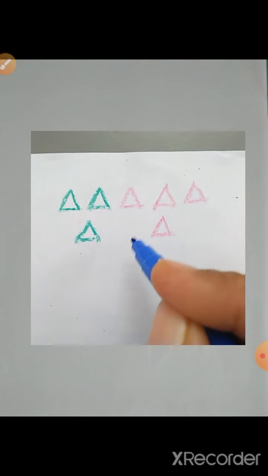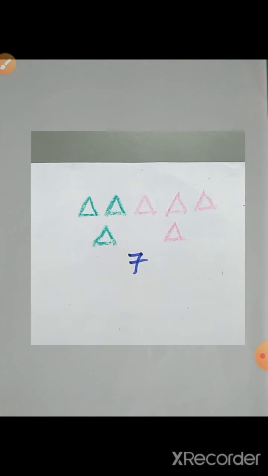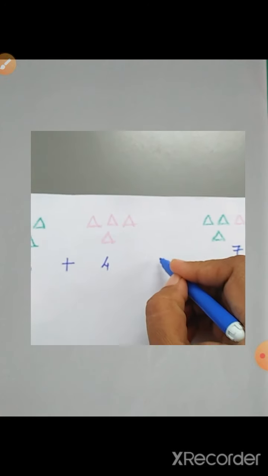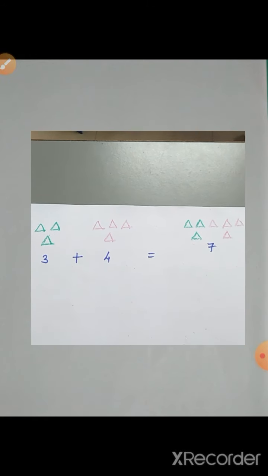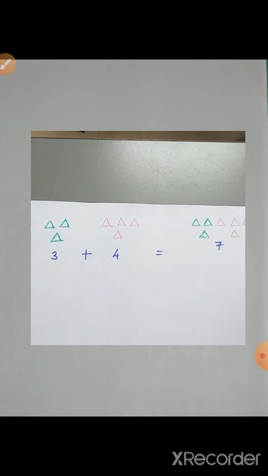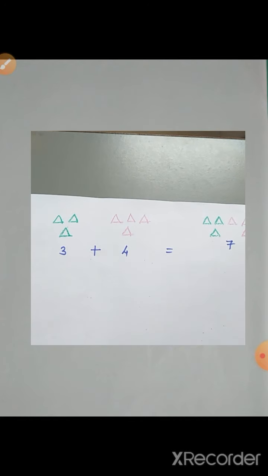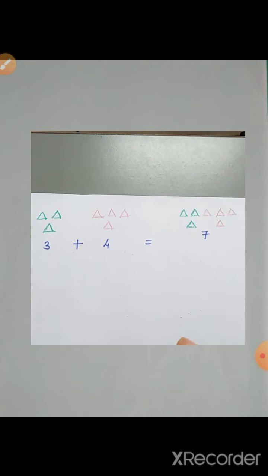So how many triangles am I getting, children? Yes, you can count. I am getting 7 triangles. So we got 3 plus 4 is equals to 7. Now we need to change the order. So tell me, children, how many triangles should we draw first now? 3 or 4?